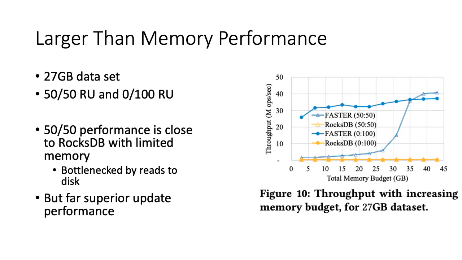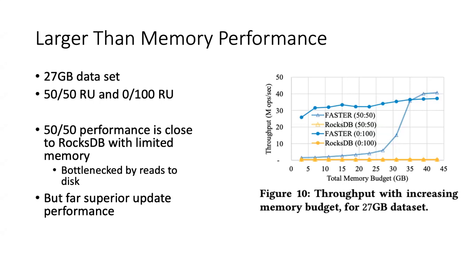Even though the store is designed for dealing with workloads that are bigger than memory, it doesn't avoid the storage bottleneck of reads to the disk. So in the 50% update, 50% read workload, RocksDB is almost as good. But if we look at the 100% update workload, it's way faster than RocksDB, but stuff's just getting written to memory.